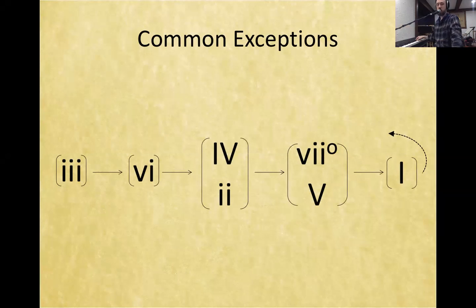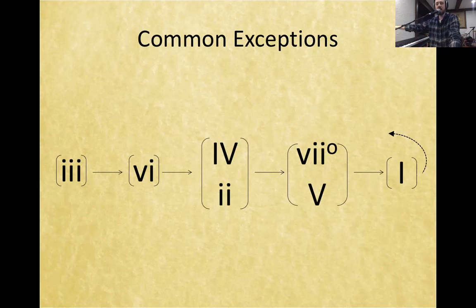And if I just switch one of them out, like let's say I switch 2 for 4, it still has the same essence. Here's 3 to 6 to 4 to 5 to 1. It's not that different. So let's talk about some of the ways that we avoid that straight linear nature of this chart.